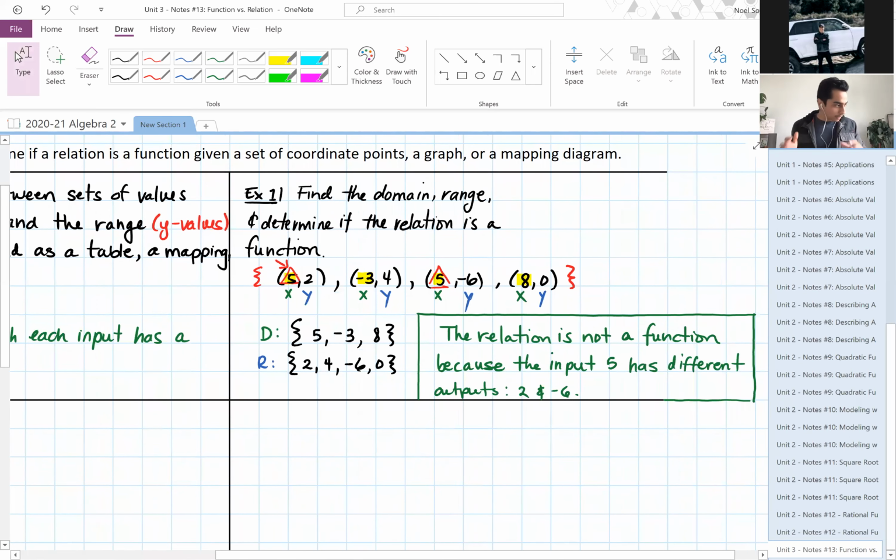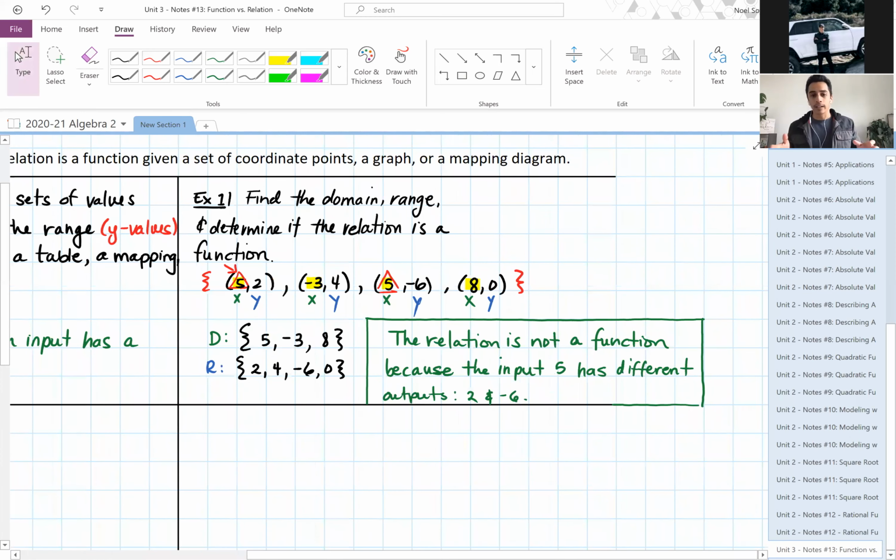Hopefully we kind of get the hang of it. So there can be duplicates, okay? Let's say you would have had 5, 2, and then 5, 2 shows up again. The duplicate is fine because the input was 5 and the output was 2 both times. That means the machine is consistent. The machine is providing the same output every time you put in that input.